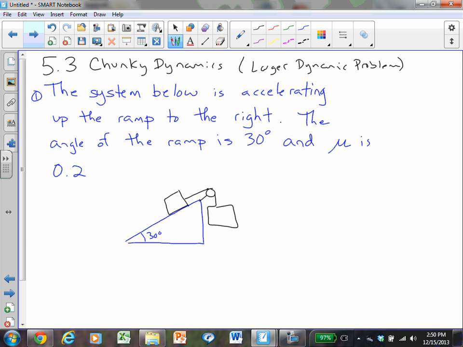And this is 40 kilograms, this block that's hanging. And this is 12 kilograms here. And mu is 0.2, and it says that it's accelerating up the ramp, so that's going to be important for telling us what direction friction is. So what is the tension in the cable? And what is the acceleration of the system?